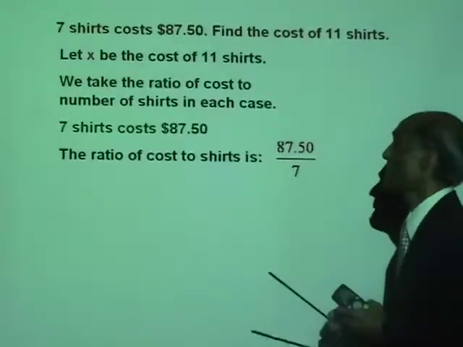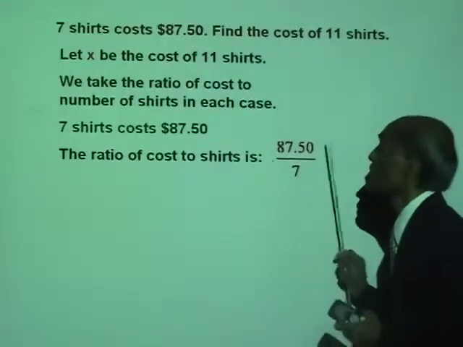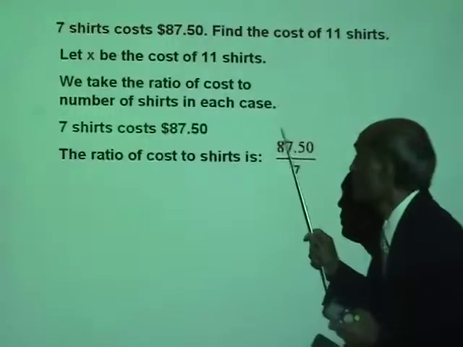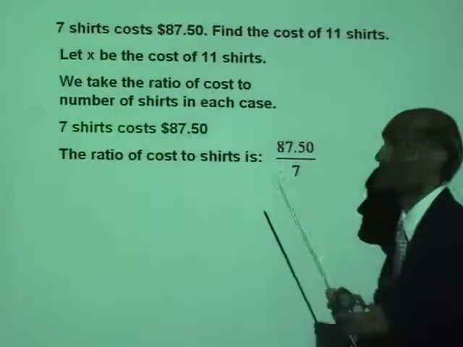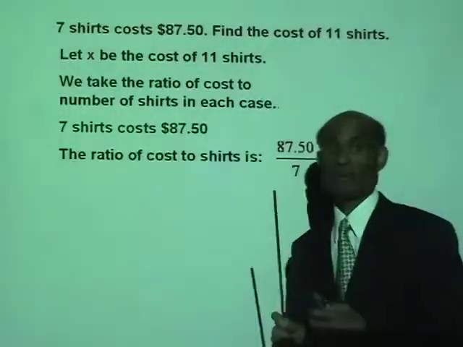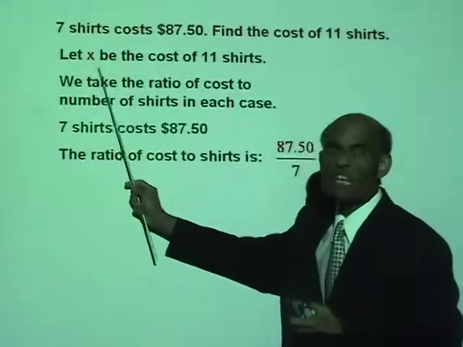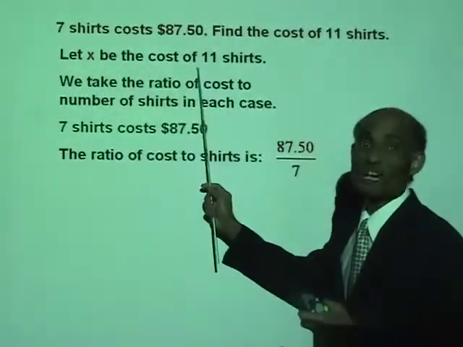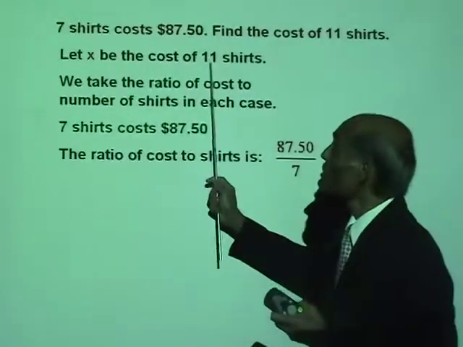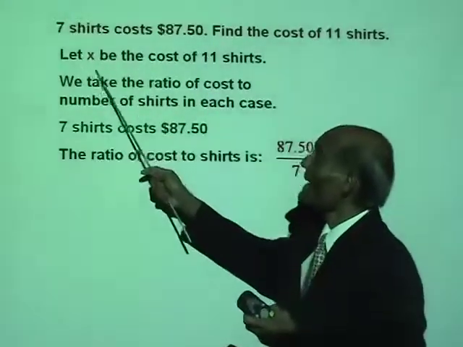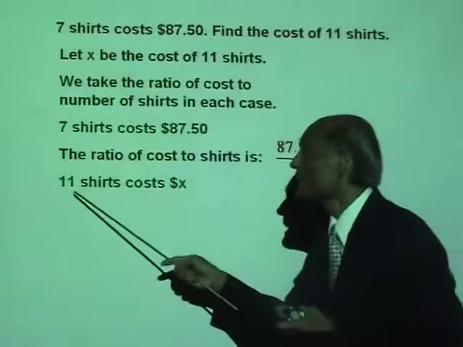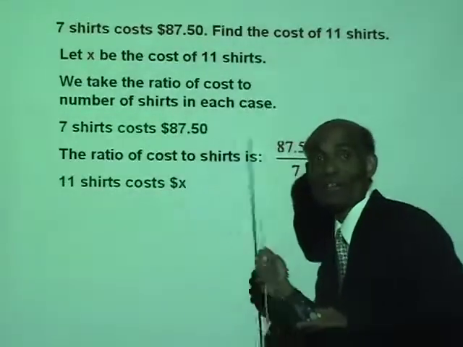That is the ratio of dollars to shirts. Okay? Now in the second case, let X be the cost of 11 shirts. So 11 shirts cost X dollars.